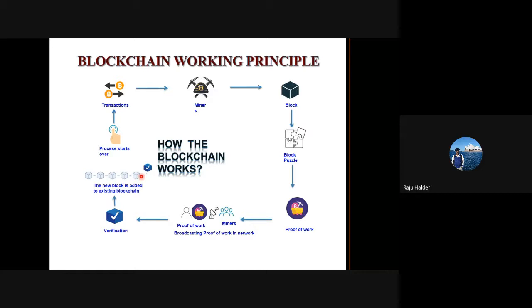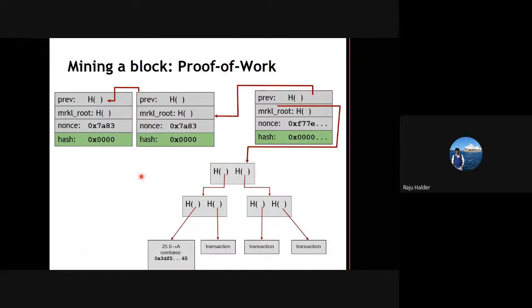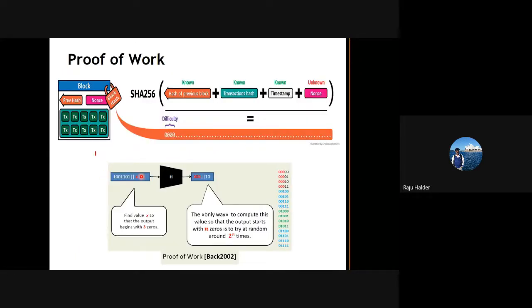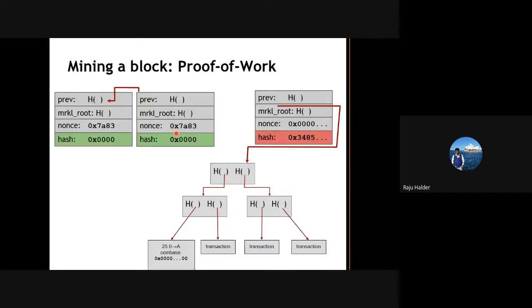Here, power means computation power, because the mining process is done by changing the nonce value and doing the hash computation again and again to get the required number of zeros. This requires a lot of computation, and that's why I am talking about computation power. So more than 50% hash computation power should be with honest miners.